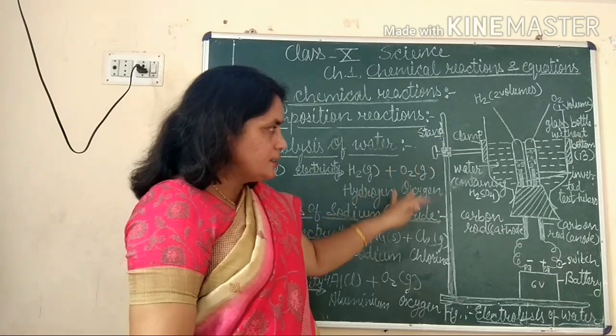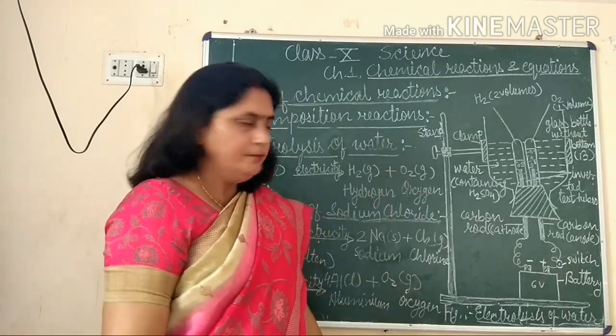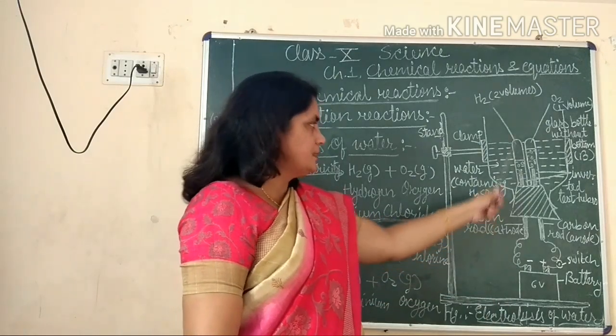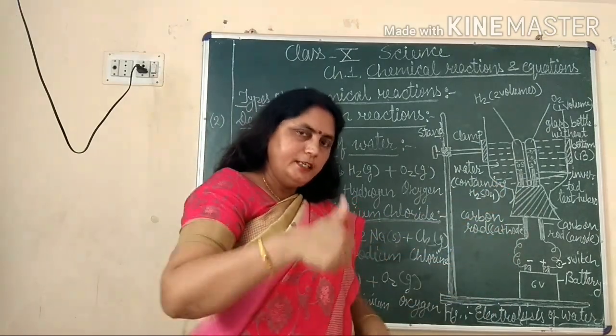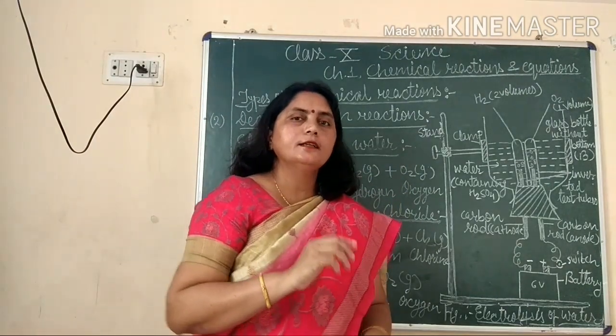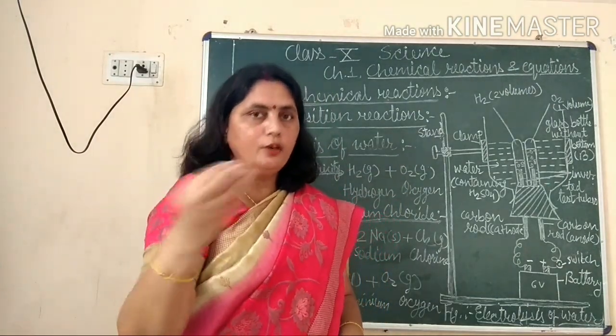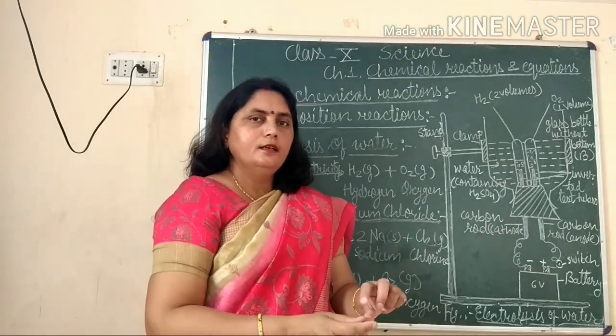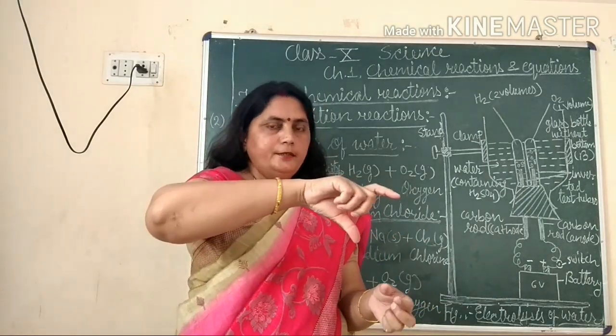Now when these test tubes are completely empty, we take them one by one. First we take this one. We just put our thumb on the test tube so that the gas may not evolve out of it. Now we take this and we make it straight.